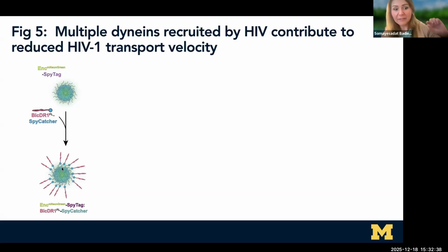And I define them with different numbers. For example, one BICDR1 per encapsulin means one dynein per encapsulin, or 10 dyneins if I increase the number of BICDR1. Then I measured how the velocity would be affected when I increase the number of BICDR1, or indirectly the number of motor proteins.